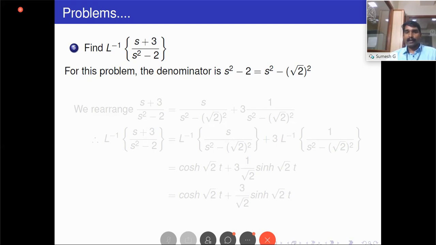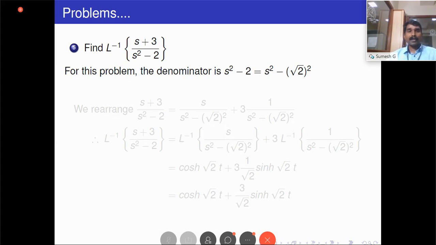So it is of the form s² - a². If the denominator is s² - a², we have two formulas. The inverse of s/(s² - a²) is cosh at, and the inverse of 1/(s² - a²) is (1/a) sinh at.